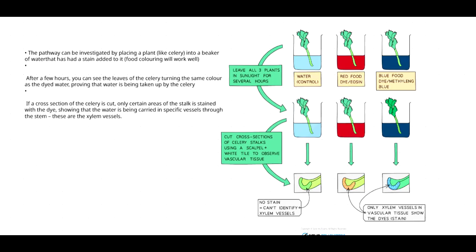After a few hours, at least 3 hours, when we cut the stem of this celery plant, you see that in the first, the red stain is in the xylem vessels, the blue stain is there, and the third one, where we just take water as a control, has none.